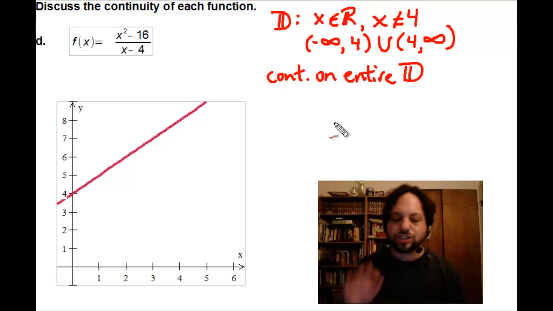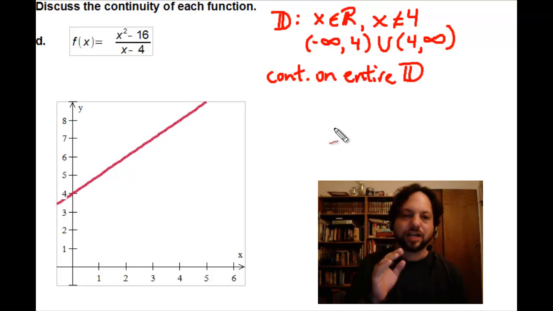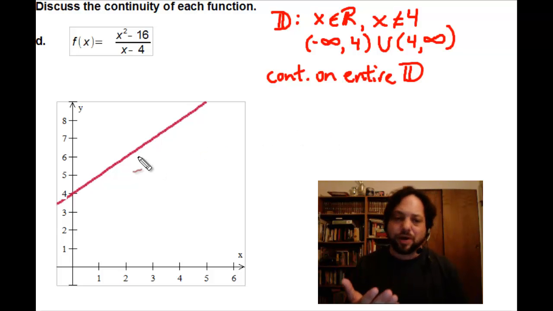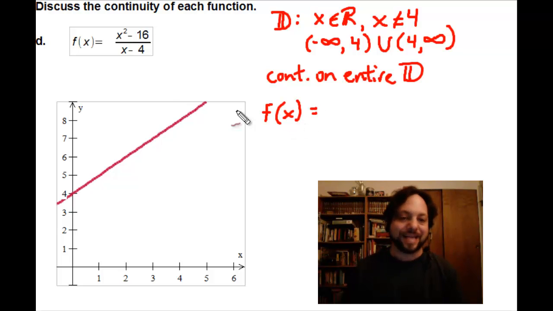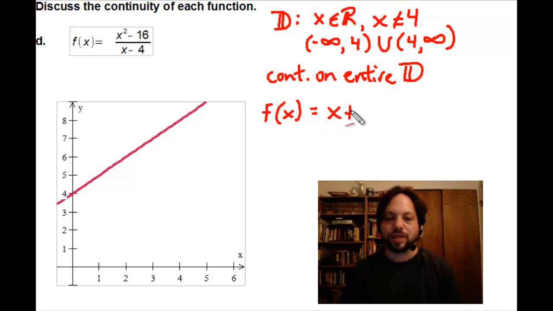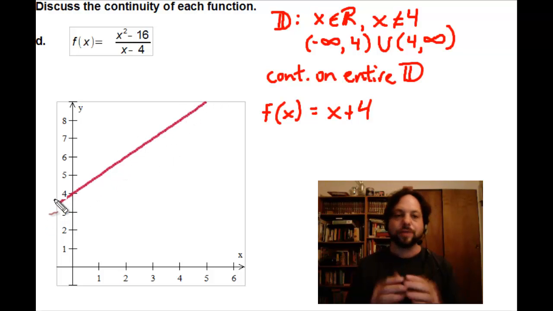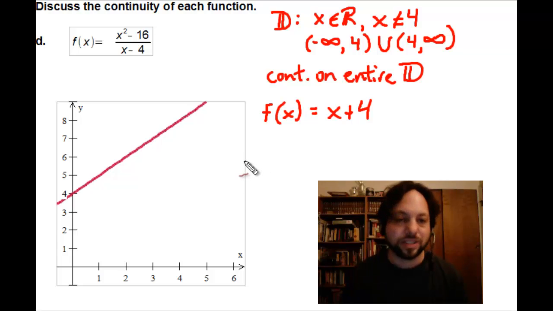However, let's just do a little bit of work and see what kind of discontinuity this is. If you were to factor and cancel and essentially simplify this function, you would end up with x plus 4. And certainly this is the line x plus 4 equals y. So that's all good. What is the point of all this?